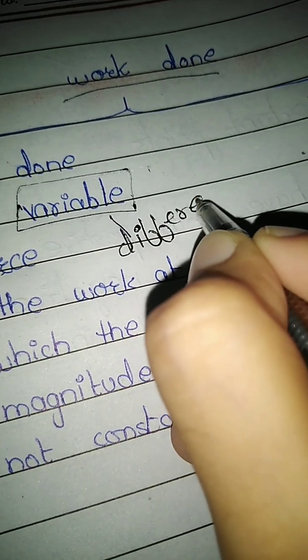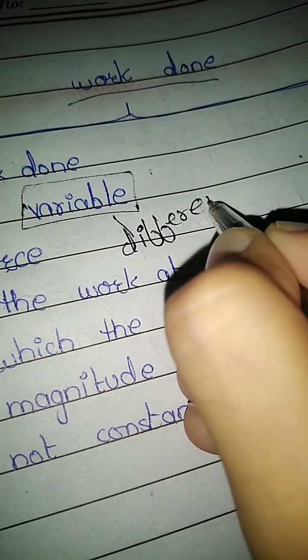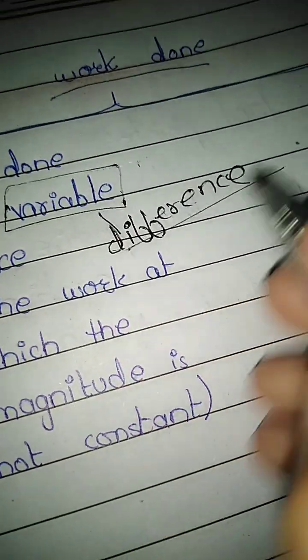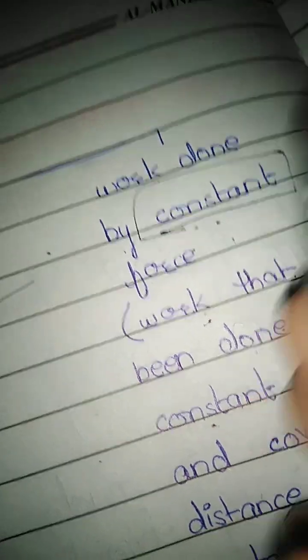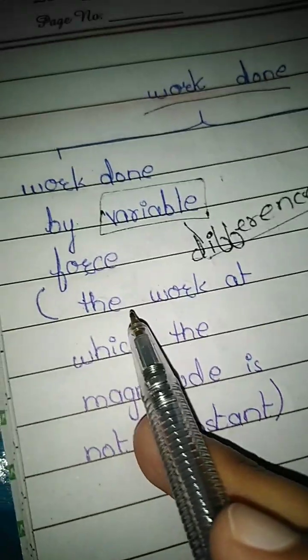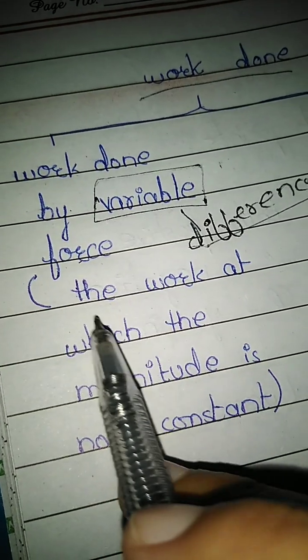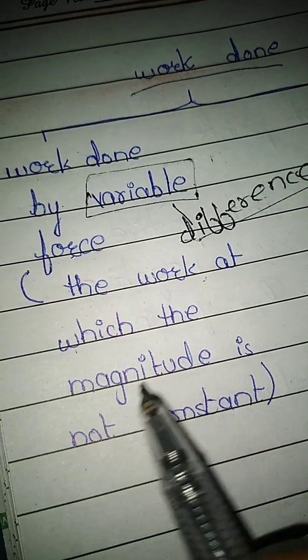Difference. Okay, difference, and this can be constant. Constant means constant. So the definition of the work done by variable force is the work at which the magnitude is not constant.